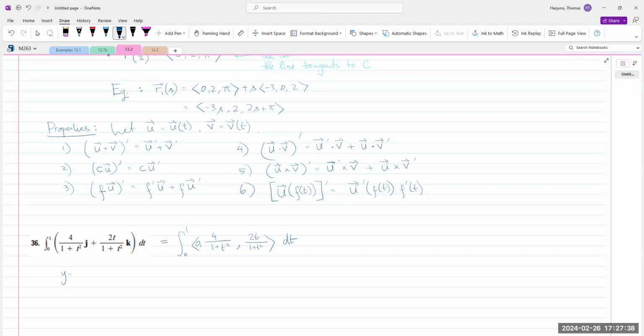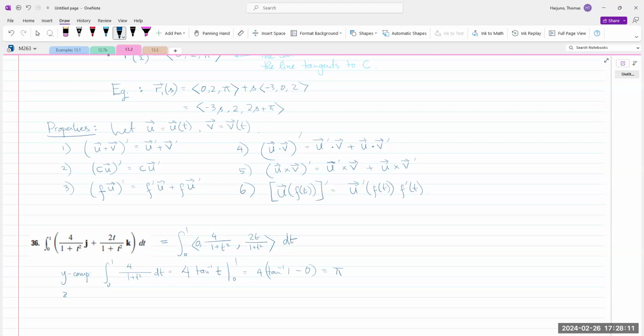The y component: what is the integral from 0 to 1 of 4 over 1 plus t squared dt? I hope you memorize this. This is 4 tangent inverse t from 0 to 1, so that's 4 times tangent inverse 1 minus tangent inverse 0, which is 0. Now tangent inverse 1 is pi over 4, times 4, that's pi.